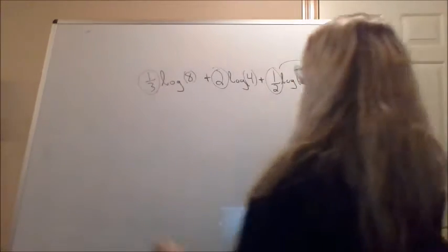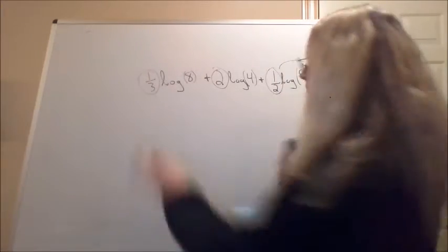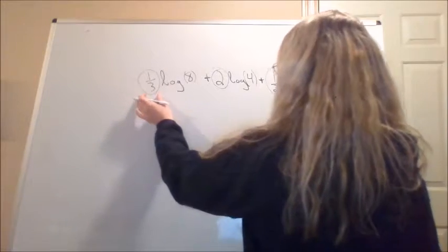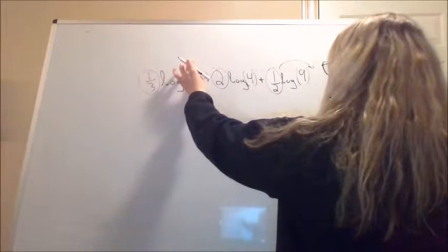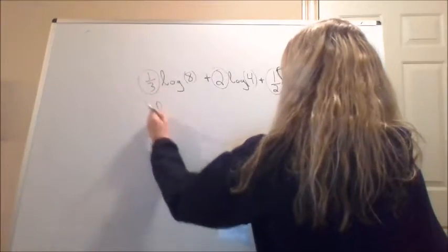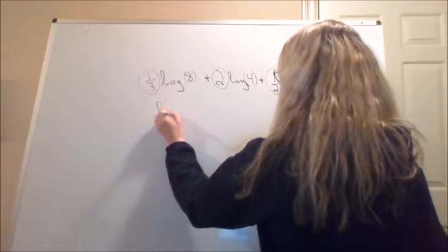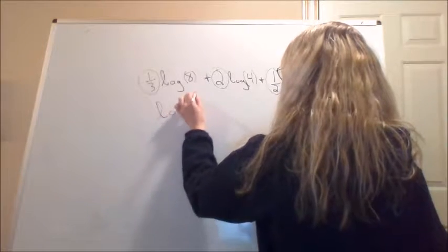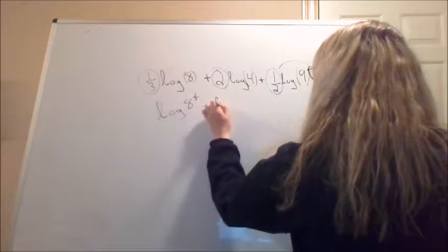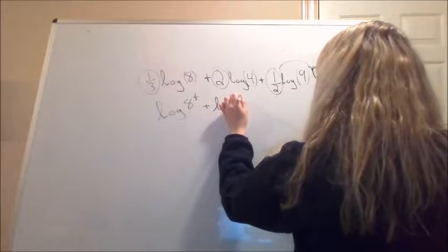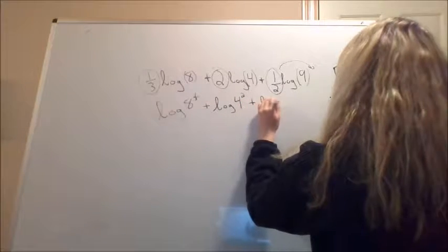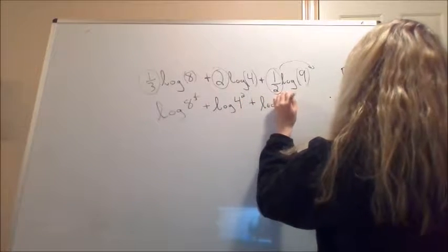If we remember our power property of logs, we can take this number and move it inside as an exponent. So 1/3 log of 8 becomes log of 8 to the 1/3, plus log of 4 squared, plus log of 9 to the power of 1/2.